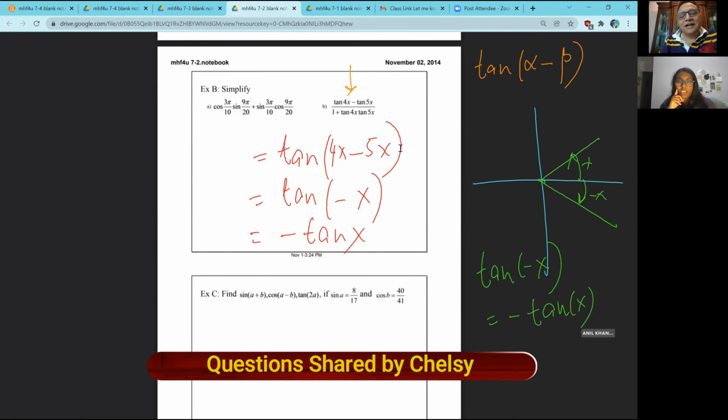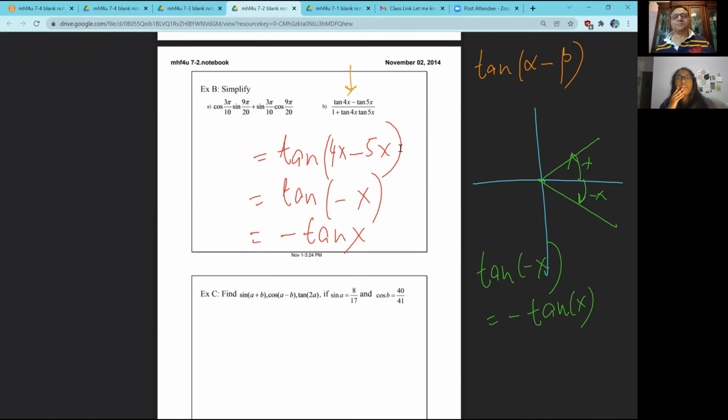Oh, okay, that is it. Yes. If, for example, it was the addition version of the same question, you would add them, and the answer would just be tan 9x, because you add 4 and 5. Okay, right. So let's clear this.